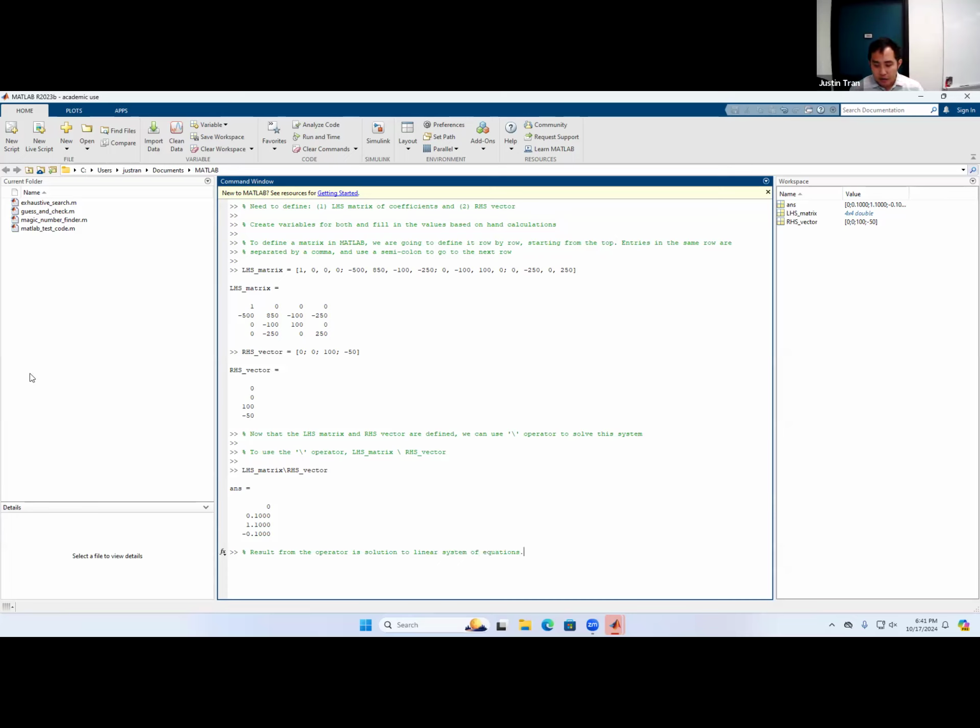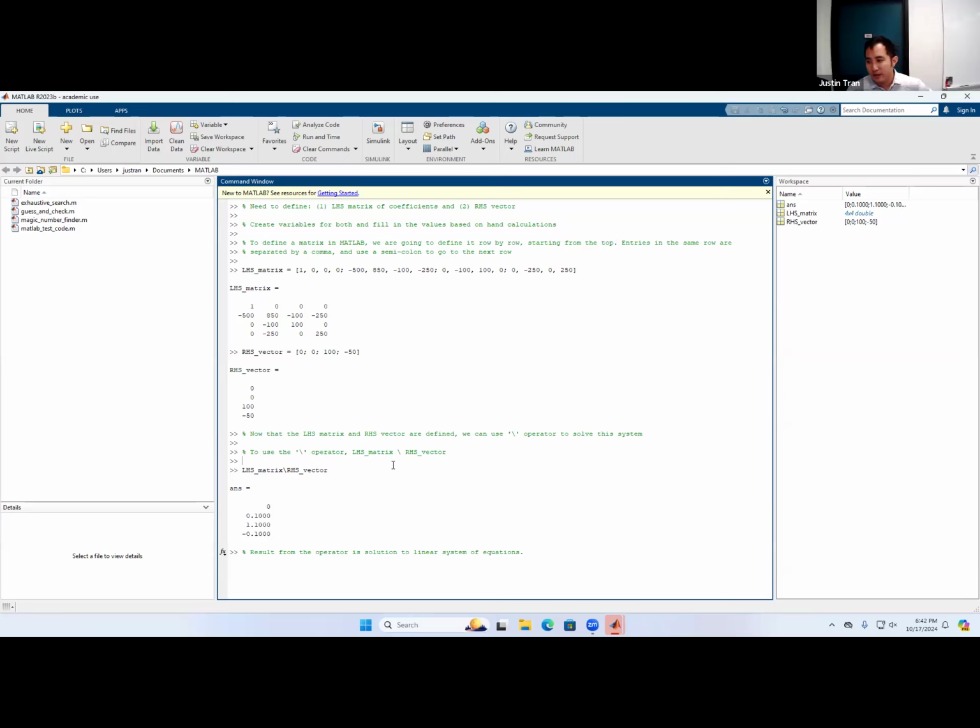If you'll notice, it's in the same order in which you defined it originally. The first entry here, this 0, is D1. Second entry is D2. Third entry is D3. And the fourth entry is D4. If you go back to the problem, we see that D1 is equal to 0, D2 is equal to 0.1 meters, D3 is equal to 1.1 meters, and D4 is minus 0.1.